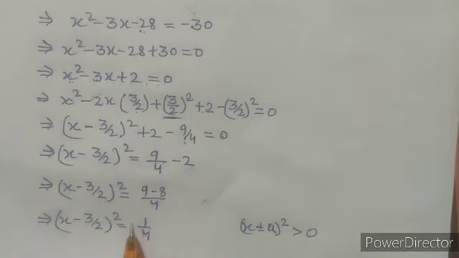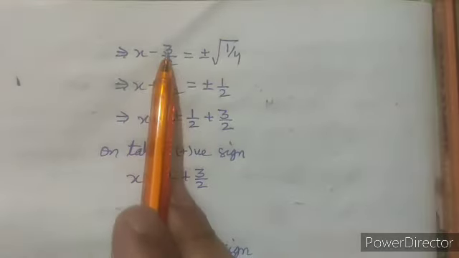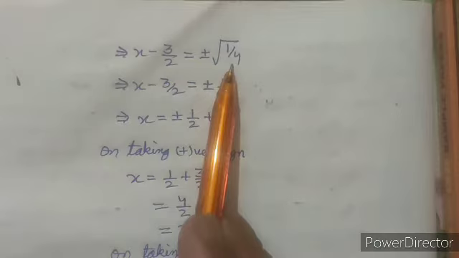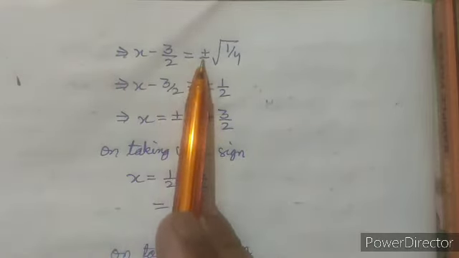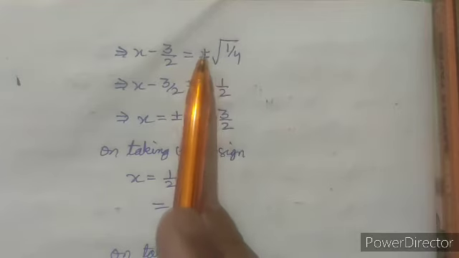And here the right hand side is greater than 0, so it has real and distinct roots. That means x minus 3 by 2 whole square was equal to 1 by 4, and that will give us x minus 3 by 2 equal to plus minus root 1 by 4.